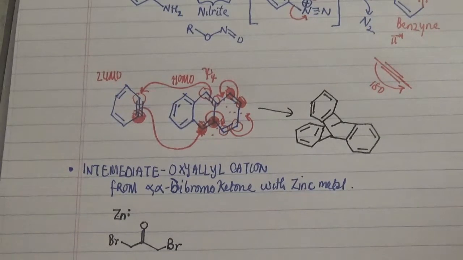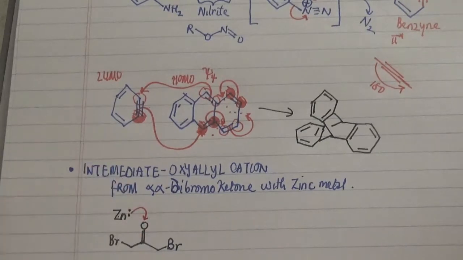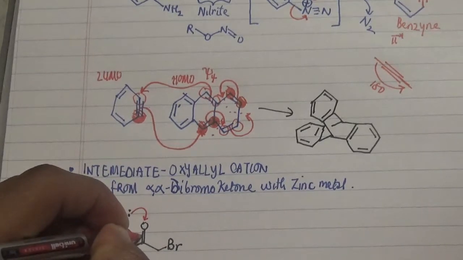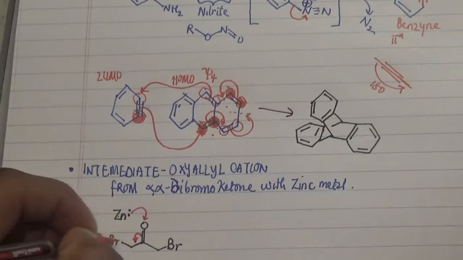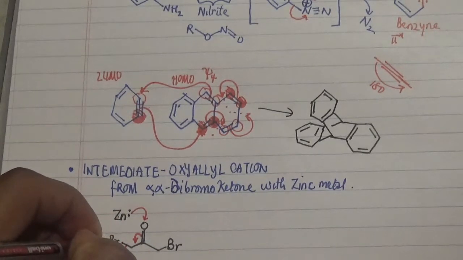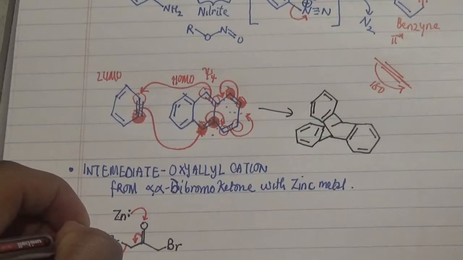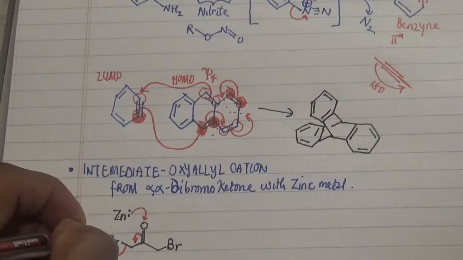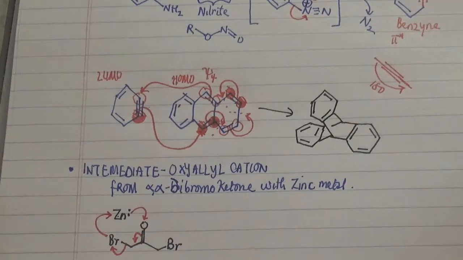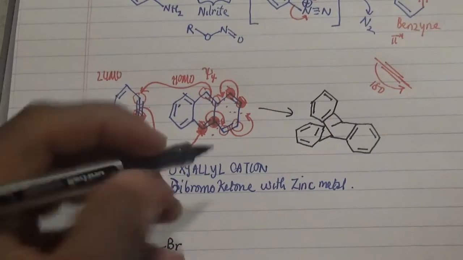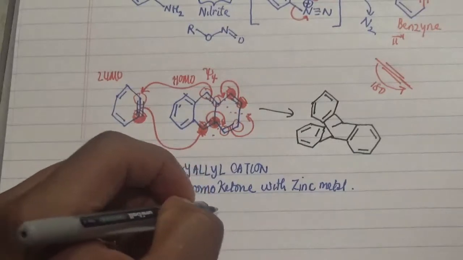The introduction of these 2 electrons to this oxygen causes the double bond to donate electrons over here, which then pushes this bromine off, and this bromine forms a bromide, and the bromide then interacts with zinc over here.